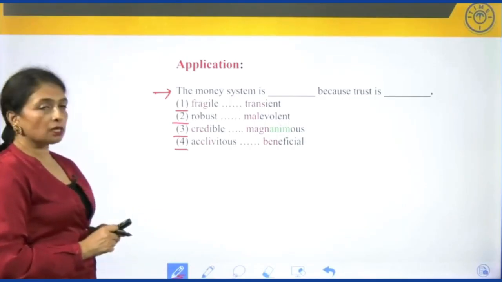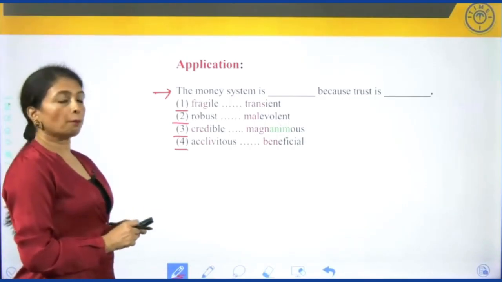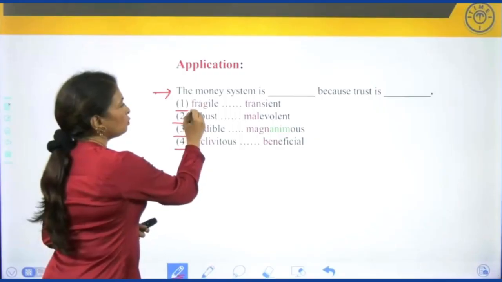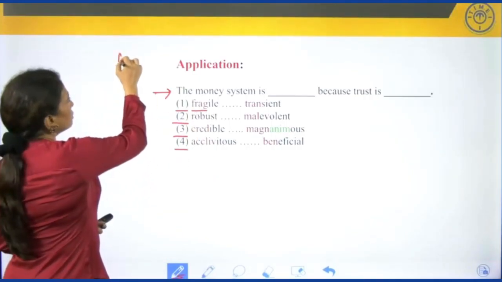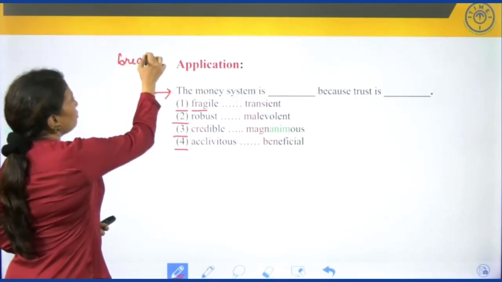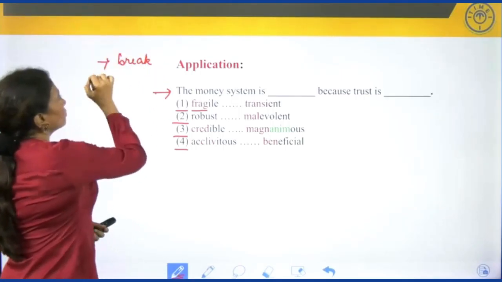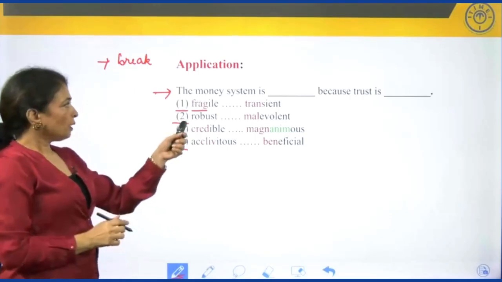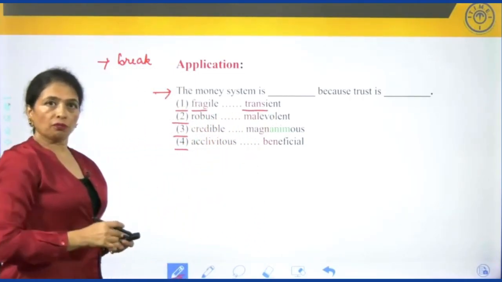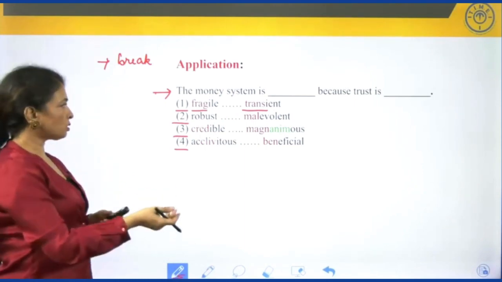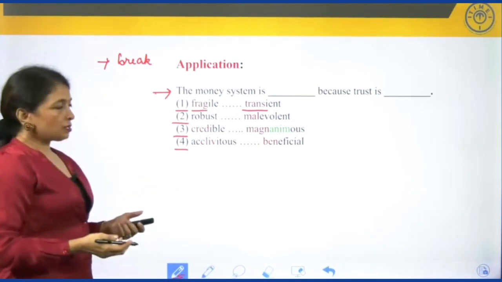Now, let's first understand what the root words mean. In fragile, the root is frag. And what does frag mean? Frag means something which can break. It is liable to break. Transient: we just came across the prefix trans, which means across. Of course, in robust, there seems to be no root.